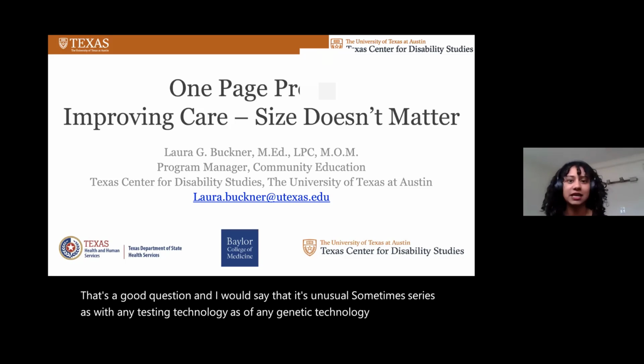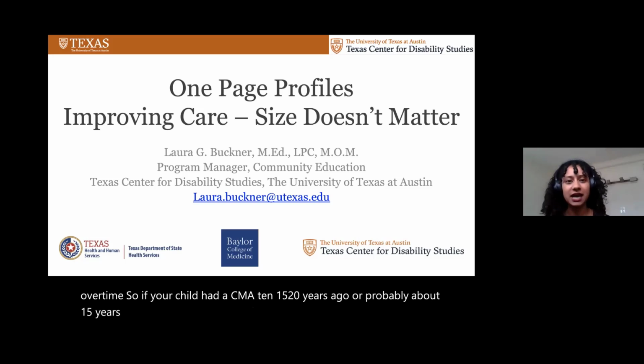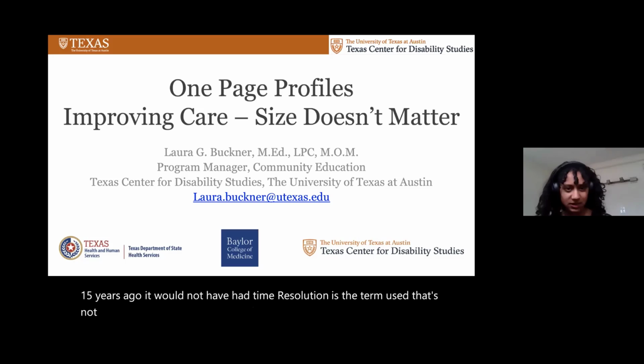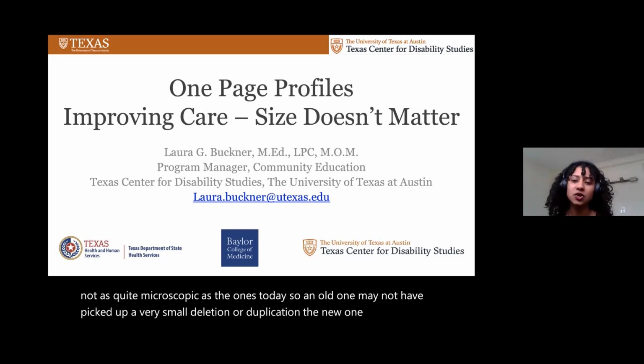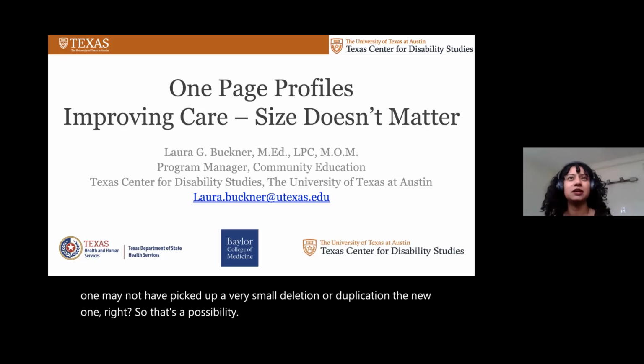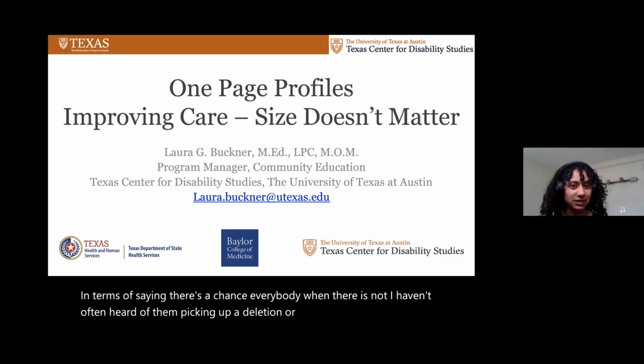So if your child had a CMA 15 years ago, it would not have had as high a resolution, as we call it. So it's not quite as microscopic as the ones today. So an old one may not have picked up a very small deletion or duplication that a new one might. That's a possibility. In terms of saying there's a genetic abnormality when there is none, I haven't often heard of them picking up a deletion or a duplication that doesn't actually exist.